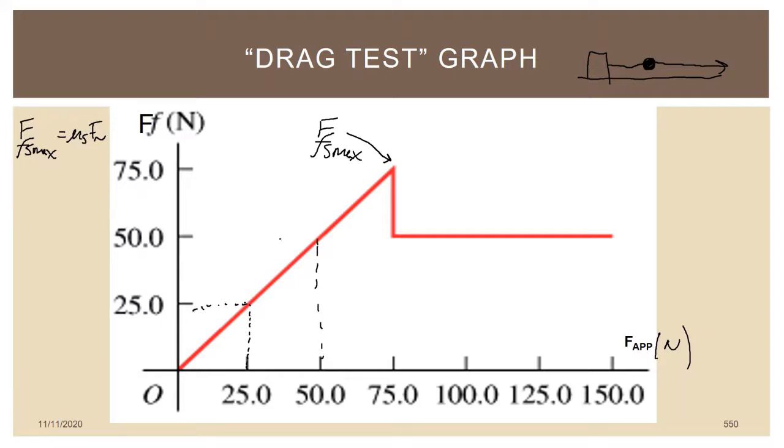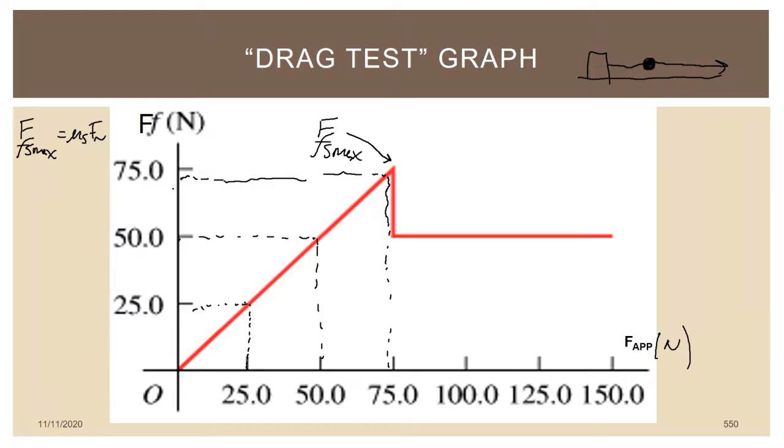It's not enough to make the object move, so the force of friction will be 50 newtons, canceling out the applied force and making sure the object doesn't move. What if you apply 74.9 newtons of force? Well, that's not enough, so the ground will apply a 74.9 newton friction force on the object and it won't move.